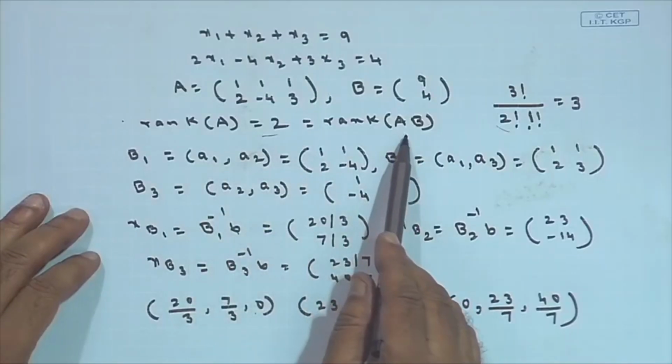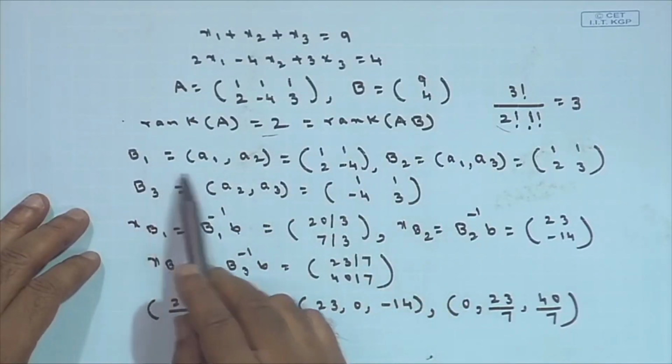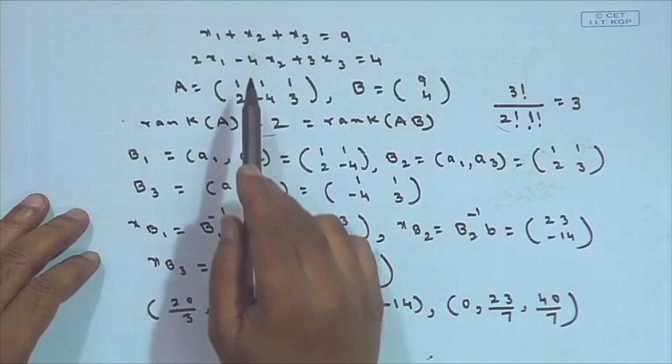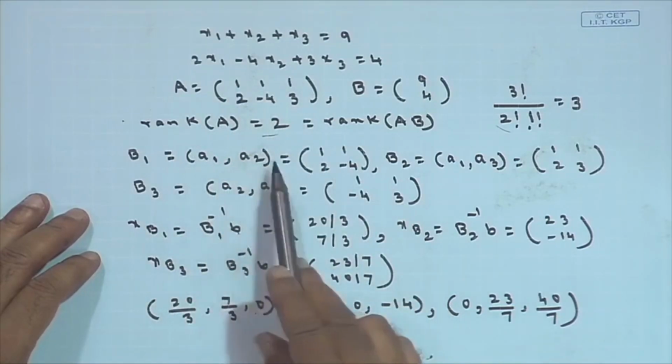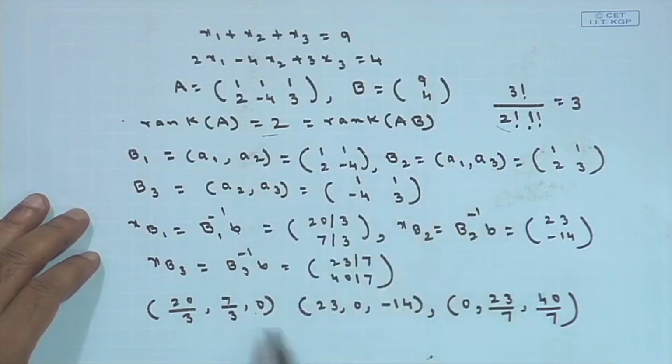Once I get the linearly independent columns of the matrix, I form matrices B1, B2, B3, where the B's are combinations of these linearly independent columns A1, A2 and A3, and from there we obtain the solution. Afterwards you will see that this is an initial solution, and from this initial solution we have to improve it and obtain the optimum solutions.